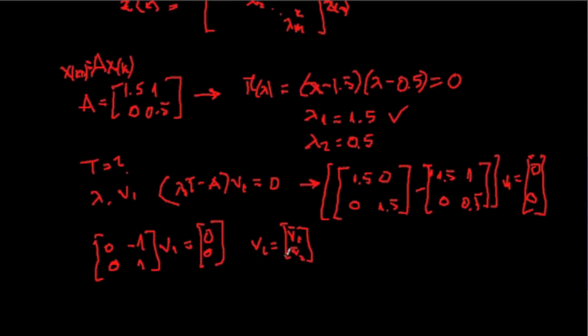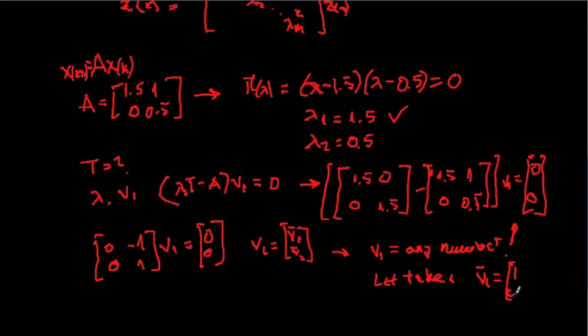What do these two entries have to be to satisfy this equation? We find that v1 hat essentially can be any number, because 0 multiplies v1 hat, minus v2 hat equals 0. Interesting, any number. This is quite interesting that we have this freedom. Let's assume that it is 1.